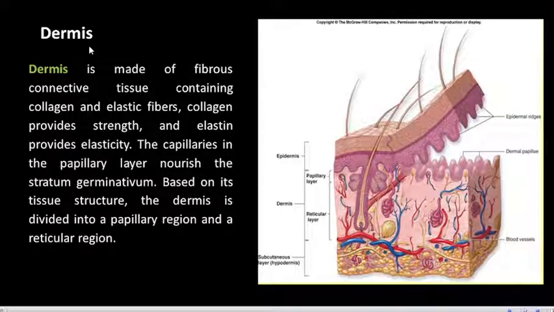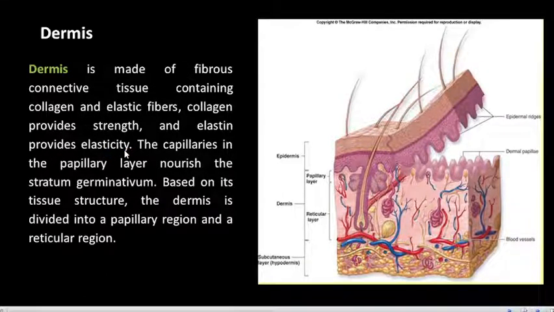So, when we say dermis, it is made up of fibrous connective tissue containing collagen and elastic fibers. So, collagen provides the strength of the dermis, and the elastin protein provides for elasticity.